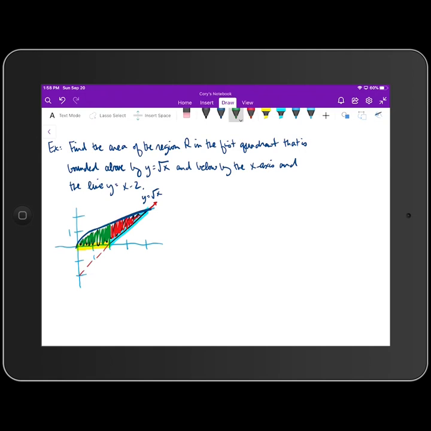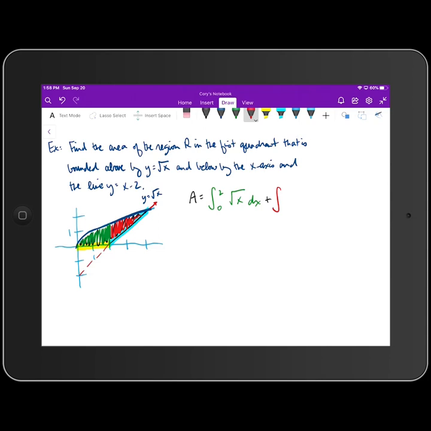Okay, so if we want to set up an integral expression to calculate the area in green, we're trying to compute the area between the curve and the x-axis. So we're integrating from 0 to 2 just our function rad x, with respect to x. Then if we want to compute the area in red, that's going to be the area enclosed by the two curves.